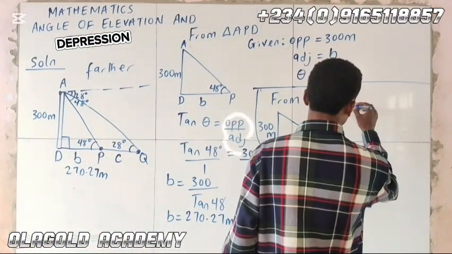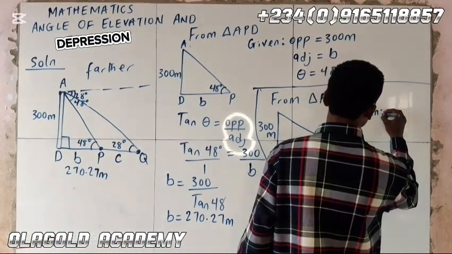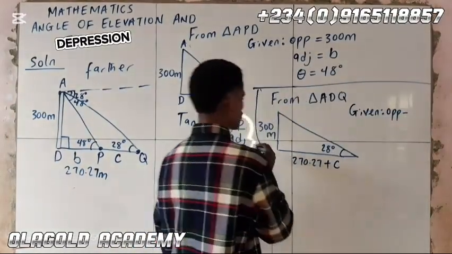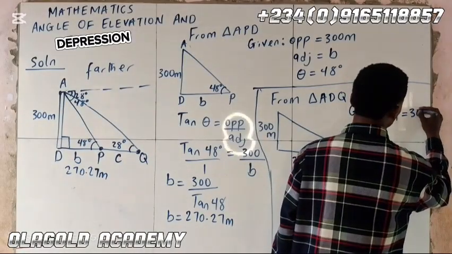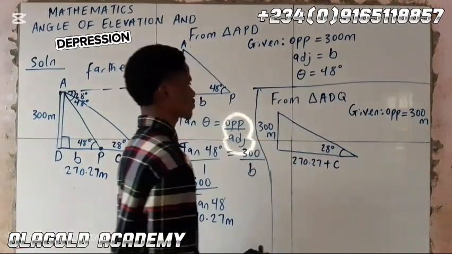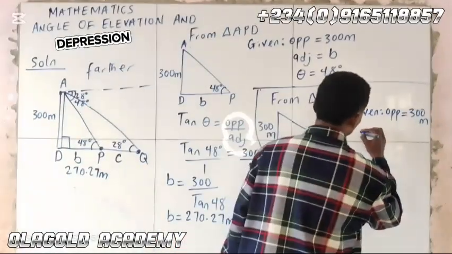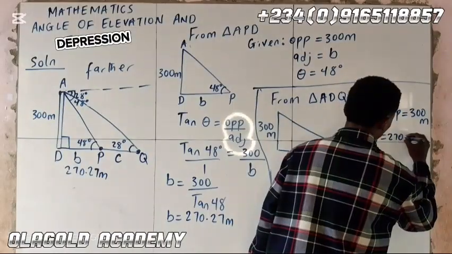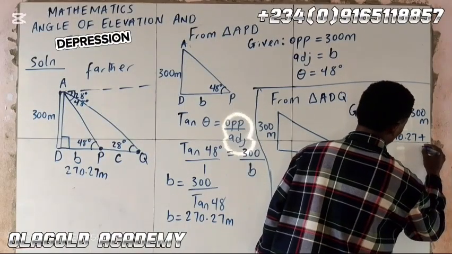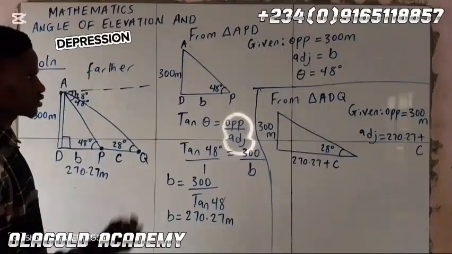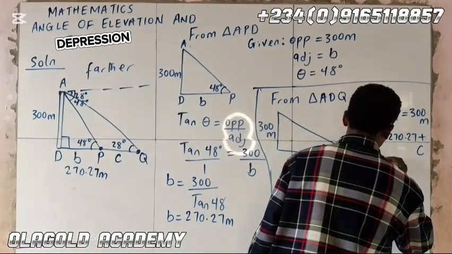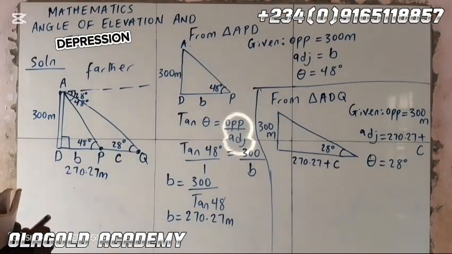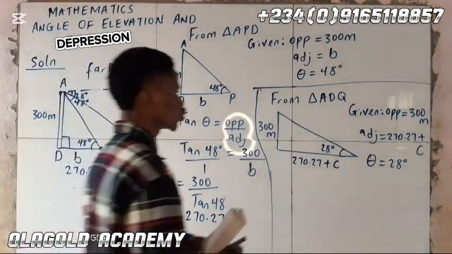Alright, let's continue. My opposite is 300 meters. Adjacent is 270.27 plus c. Angle theta is 28 degrees. So my next task is to bring it together.